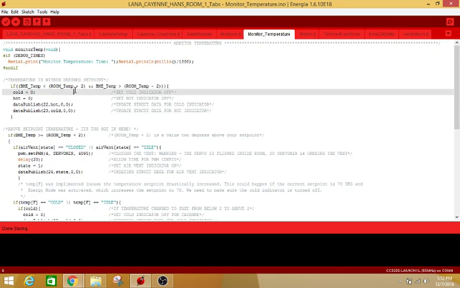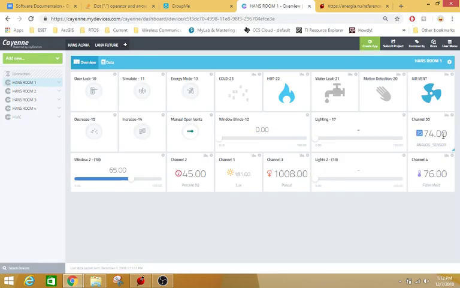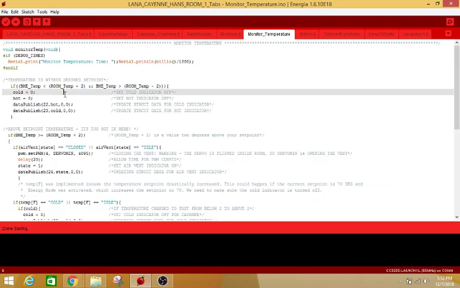So that is this value here, 74. And if I increase this, 75. So 75 is now this value.